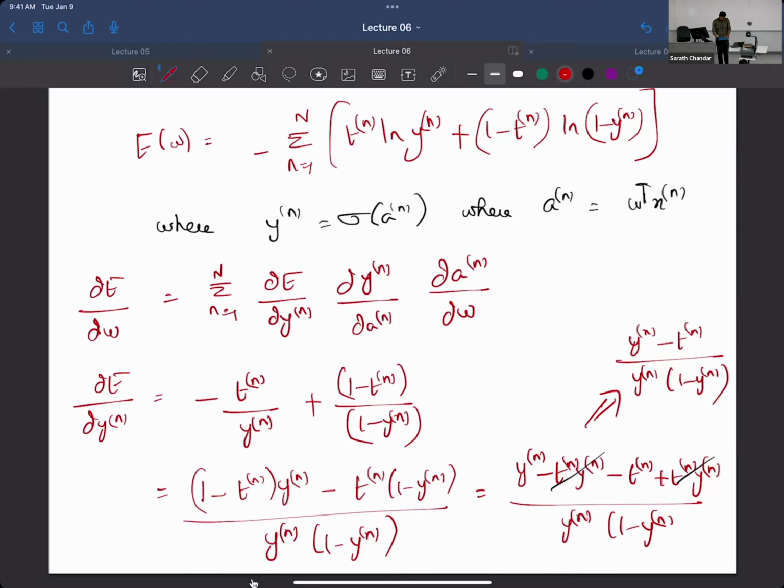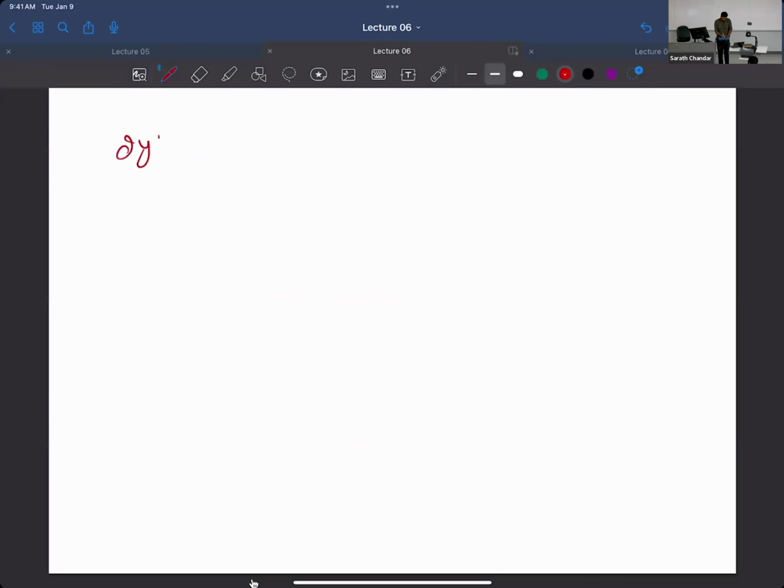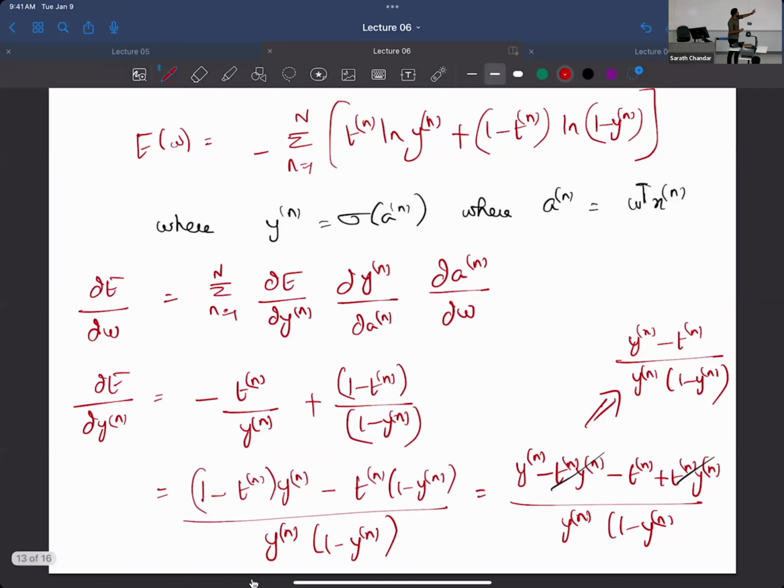So let's do the second term. The second term is dou yn by dou an. So what is yn? Yn is sigmoid of an, right? The sigmoid function has a nice form for its derivative.